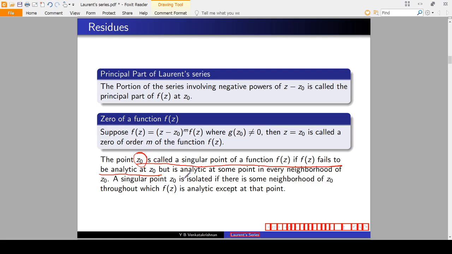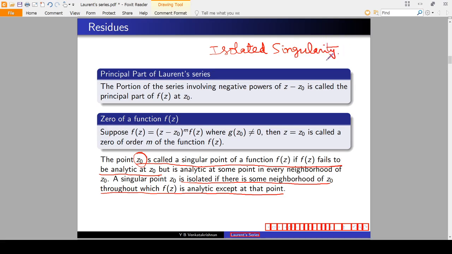And if it is isolated, then it is called an isolated singularity. Except at z is equal to z naught, it is analytic in the neighborhood of that point, then that point is called an isolated singularity. So the first classification of the singularity is called the isolated singularity.